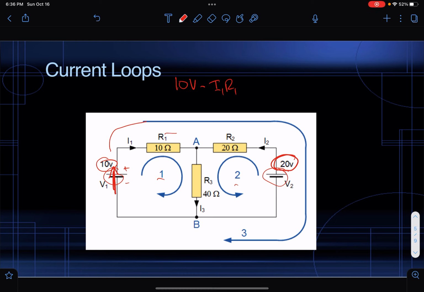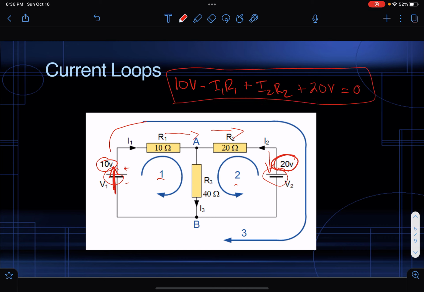Okay, and then we're going to keep going here. So now notice that my I should be going this way, and I'm going the opposite of what it wants to. So this is where we're going to add I2 R2. Same thing here. This is going the opposite direction as it should. So I'm going to add those 20 volts, and all of that together should add up to 0. So that's how I deal with this big third outside loop.